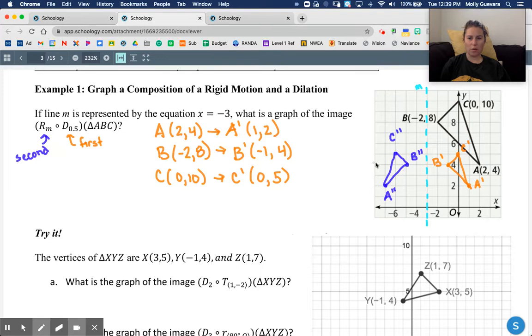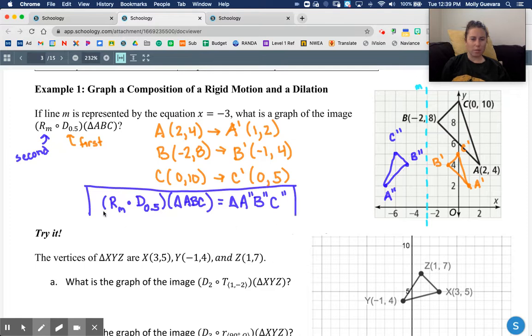Okay, so we can say that a reflection with a dilation of 0.5 of triangle ABC equals triangle A double prime, B double prime, C double prime.